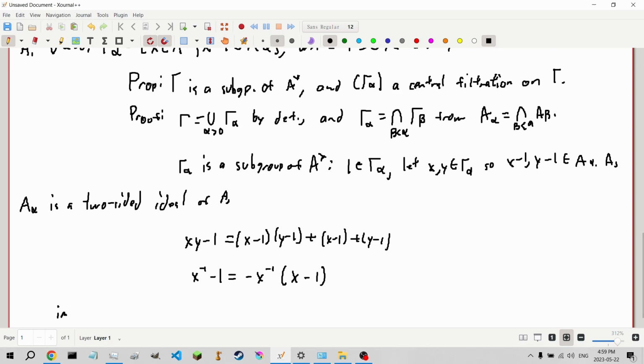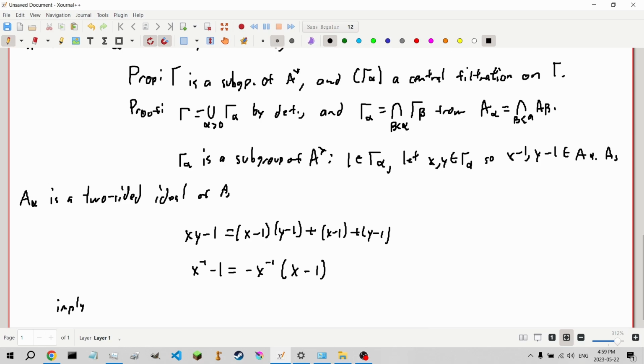These imply that xy minus 1 is in A alpha, and that x inverse minus 1 is in A alpha. So xy is in gamma alpha, and x inverse is in gamma alpha.